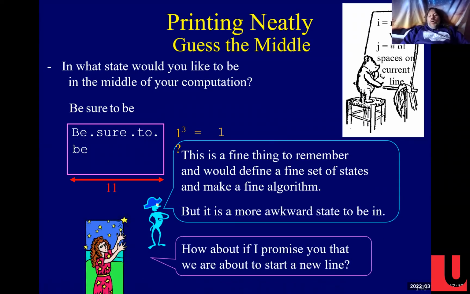And that would work as a fine algorithm. But we're going to do something different. We're going to have that at the top of the loop. I'm going to assure you that whenever we're at the top of the loop, we're about to start a new line, right?